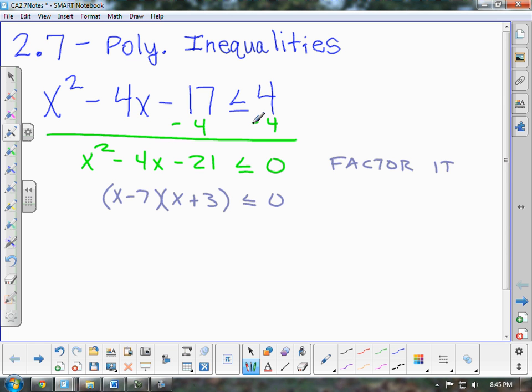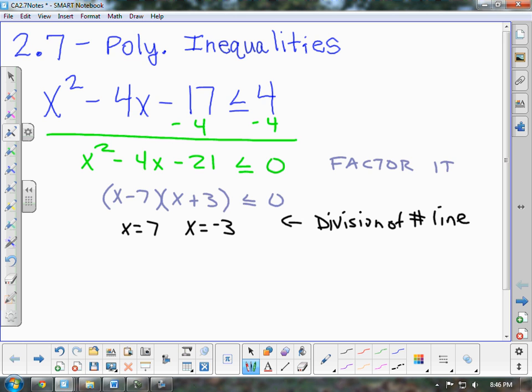If this was an equal sign here, then you would say x equals 7 and x equals negative 3. These values, though, are your division places, the division of the number line.